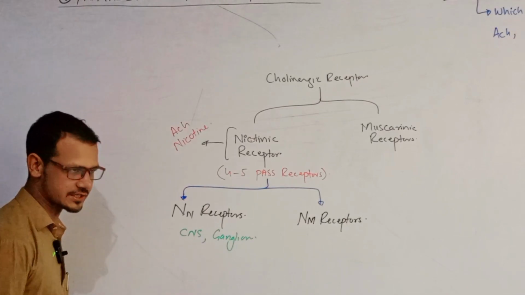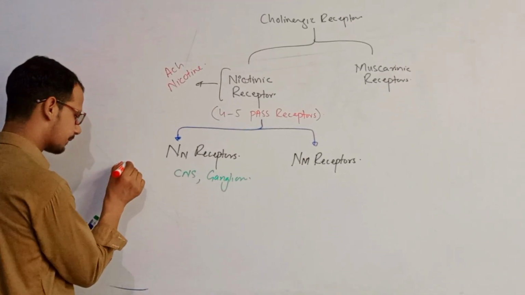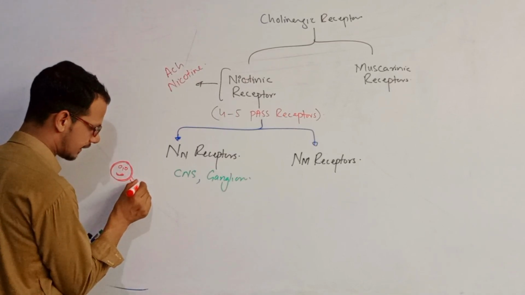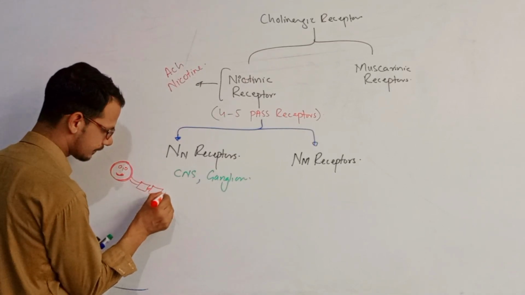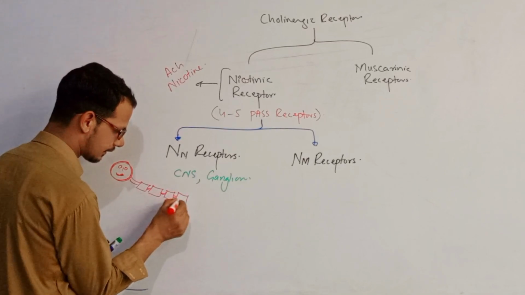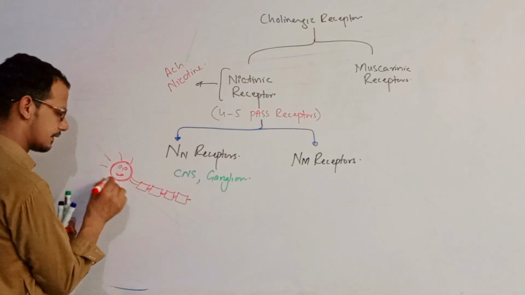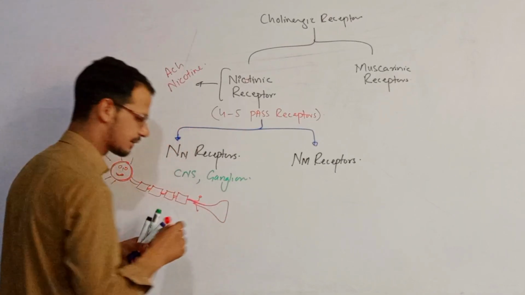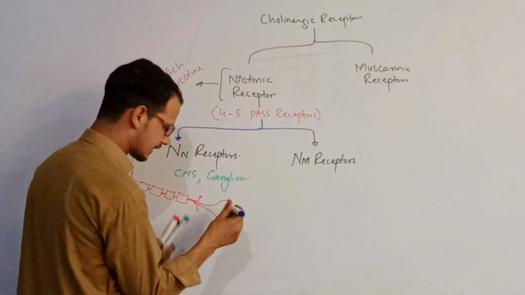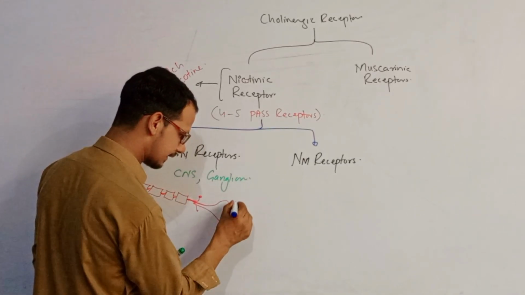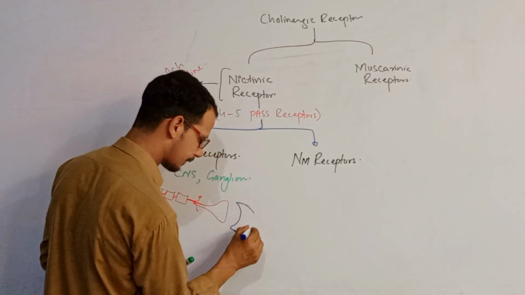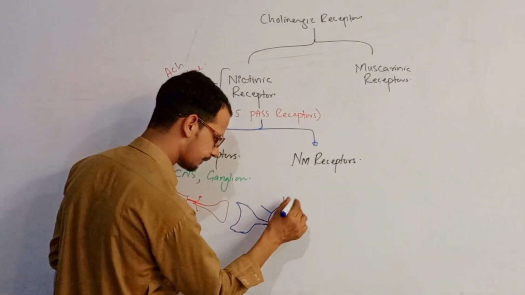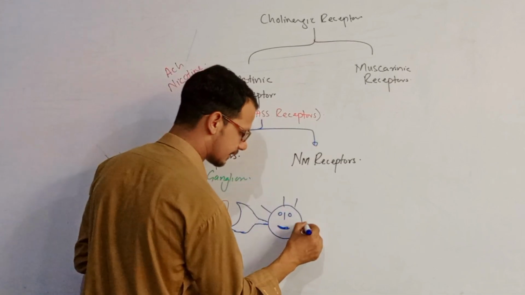What is the N receptor? This is the neuronal receptor. For example, I have this neuron and this is the axon, right? And these are axon terminals, and we have one terminal here, and it makes a synapse with another neuron.